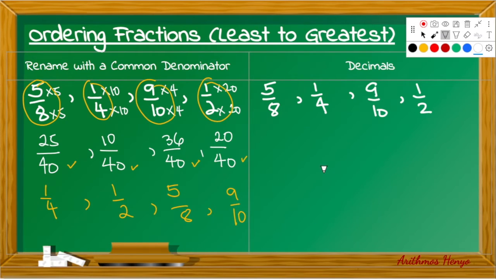Let us convert the following fractions into decimals. 5/8, if you divide 5 divided by 8, it gives us 0.625. 1 divided by 4 is equal to 0.25. 9 divided by 10 is 0.9. And 1/2 is 0.5.